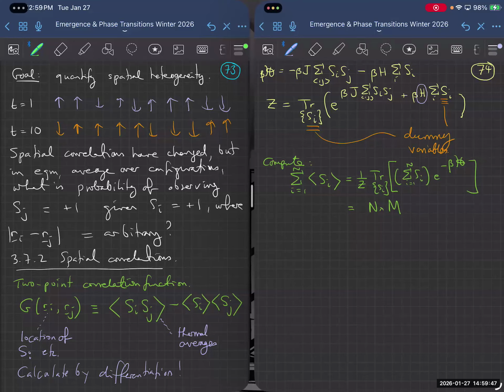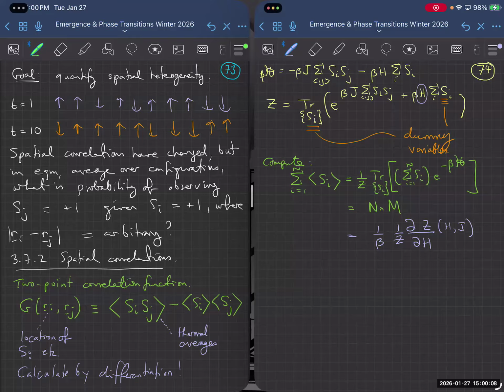So this thing is just equal to 1 over beta, 1 over Z, dZ by dh, and this is now a function of h and J. So that's what we did before.